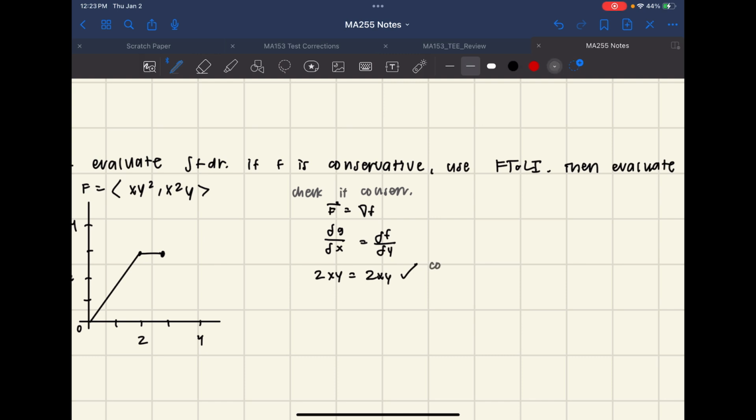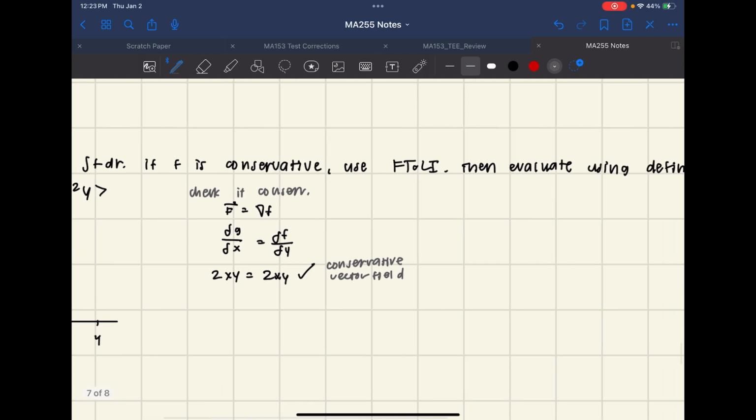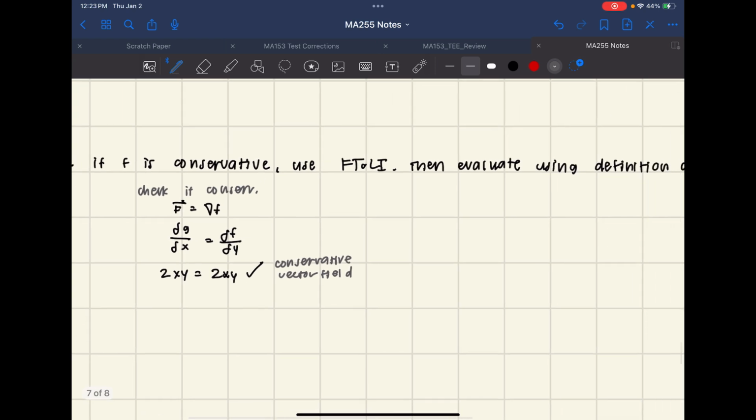So that means that we have a conservative vector field. Okay, so since f is conservative, we have to find the potential function.